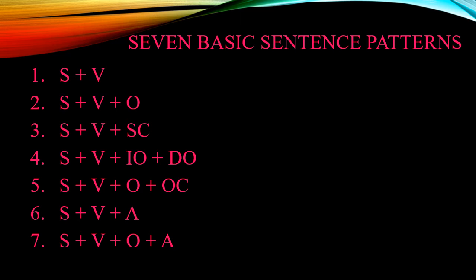Now here we have used the letter V for verb, but the letter P can also be used instead of V. Now next we have S plus V plus O. That is, there is a subject, then there is a verb, and then there is the object.